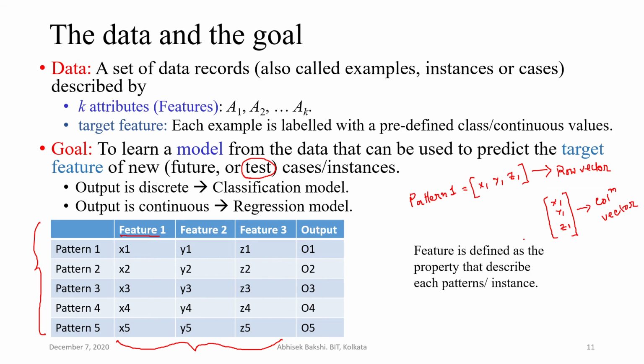Only those properties we call a feature. For example, consider that we have a data set of various creatures, various animals, for example dog, cat, lions, or maybe elephant.